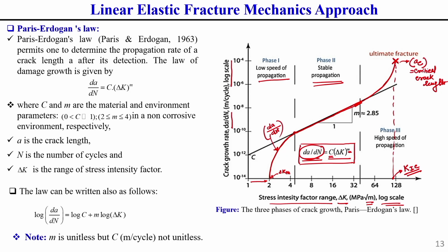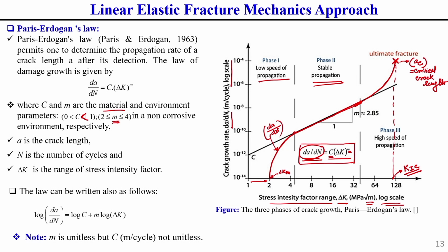Now, C and M are called material constants, and the C value is always less than 1, so it varies from 0 to less than 1, whereas the M value generally varies from 2 to 4. Here it is given as 2 to 4, in some books 2 to 7; it depends on material types.